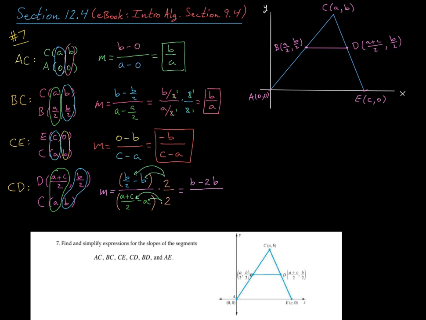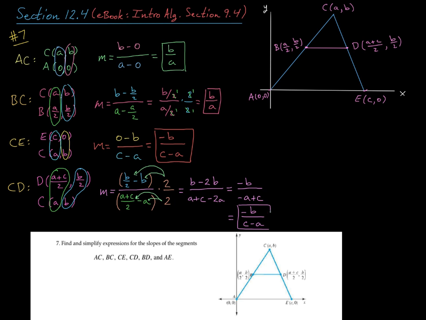On the bottom, when I distribute the 2 to a plus c all over 2, the 2's cancel, leaving a plus c, and then I subtract 2a. So I get a negative b on top, and on bottom, a plus c minus 2a gives me minus a plus c. Put another way, if I rearrange that order, I would have c minus a.